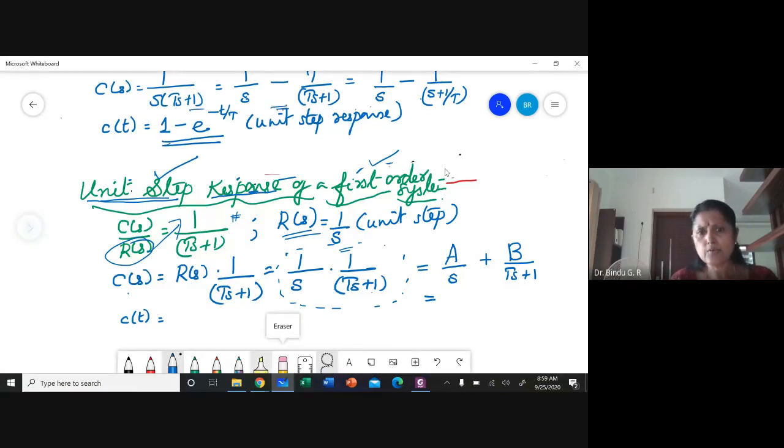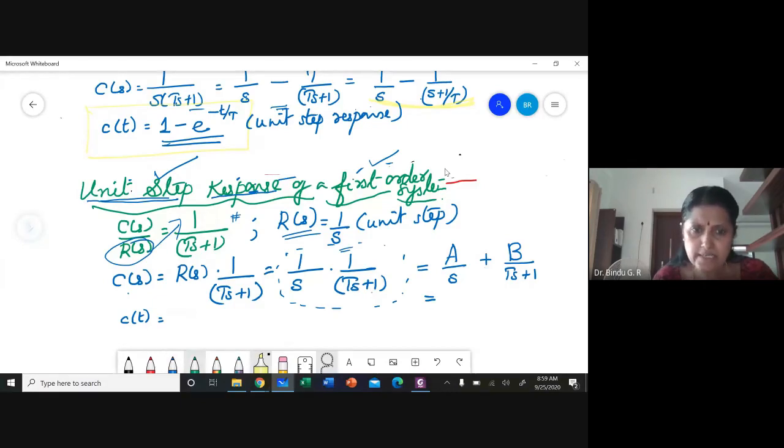Then, to take the Laplace inverse, you rearrange the terms and finally get c(t) is equal to 1 minus e raised to minus t by T. This is the general unit step response of a first order system.